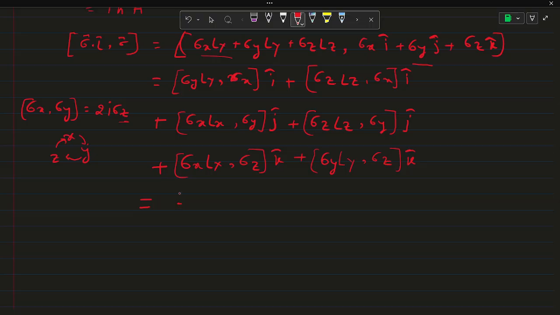So here the first term will be sigma y Lx, sigma y Lx.